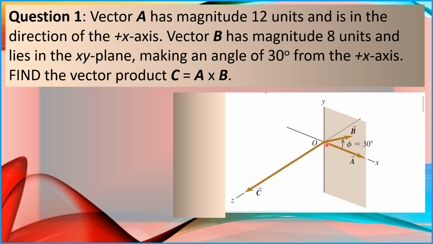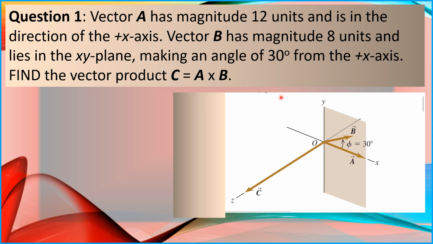Alright, so as shown also here, we have here vector B. Its direction is defined by the angle phi, which is 30 degrees from the positive x-axis. Notice also that the two vectors are connected tail to tail.